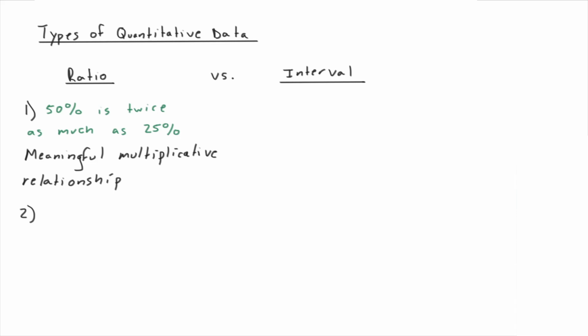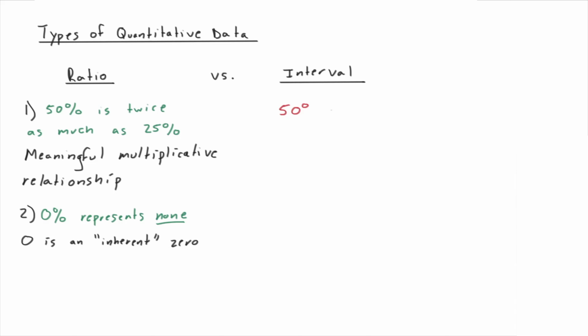50% means twice as much as 25. And secondly, 0% would represent no one owning a smartphone. In other words, 0 is always going to equal none. Now, that might seem really obvious when you put it like that, but if we contrast this with a quantity like temperature, where 50 degrees doesn't necessarily mean it's twice as hot as 25 degrees, and 0 degrees doesn't represent no temperature.